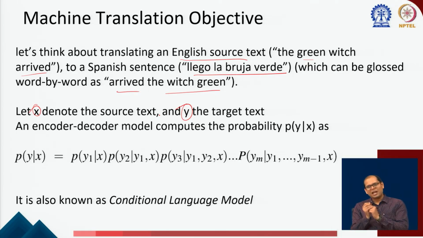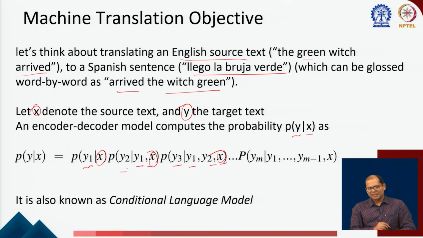What will my encoder-decoder architecture do? See, X is given to you, you want to generate Y from scratch, like you have not been given any word of Y. Okay. So you have to compute the probability of Y given X as the probability of the first word you generate, Y1 given X, then condition on Y1 you generate Y2. So Y2 given Y1 and X, then condition on Y1 and Y2 generate Y3, and X is always there in the condition.